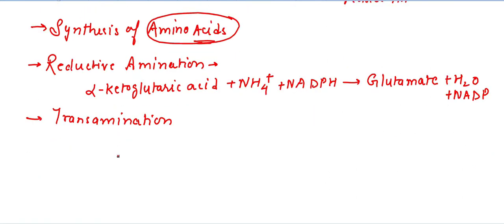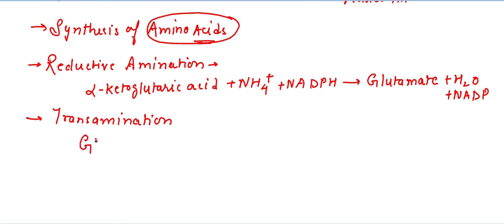Transamination, where the transfer of the amino group of an amino acid takes place to the keto group of a keto acid. And here the enzyme is required, which is called transaminase or amino transferase.